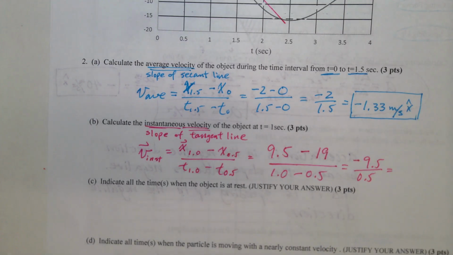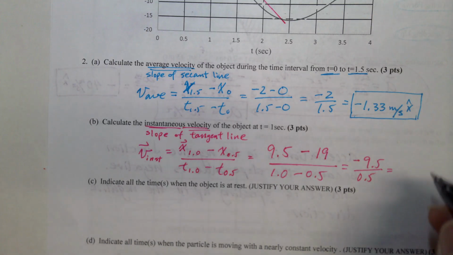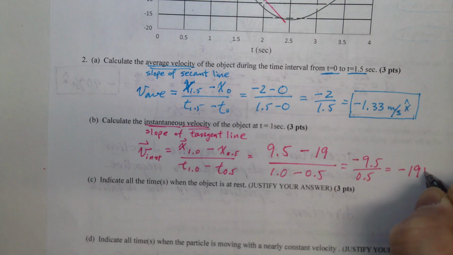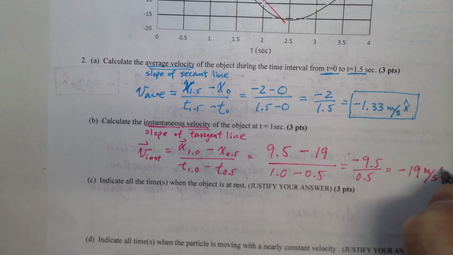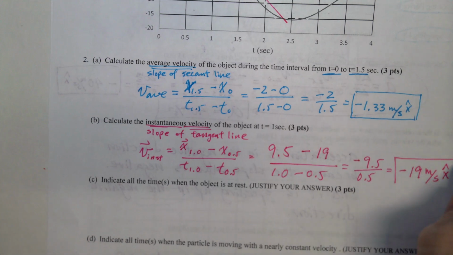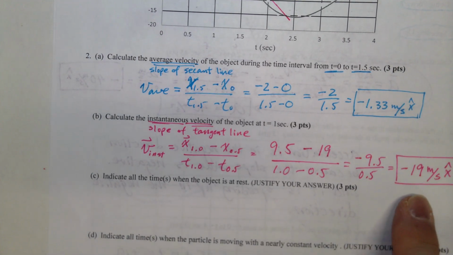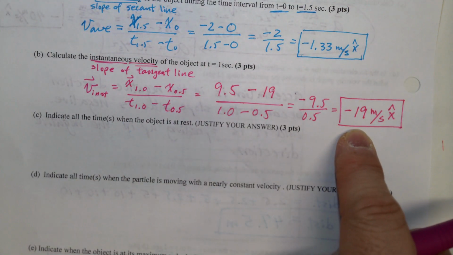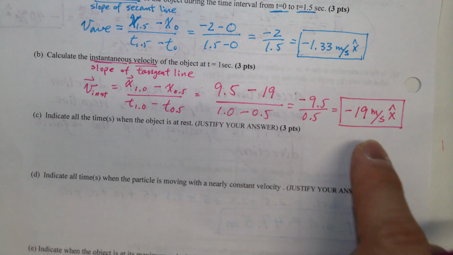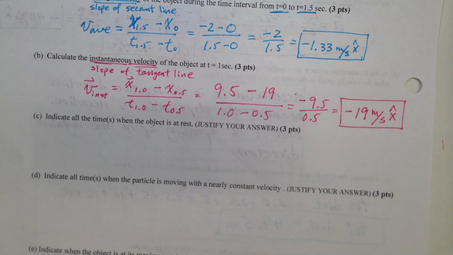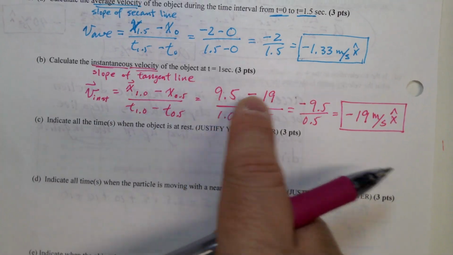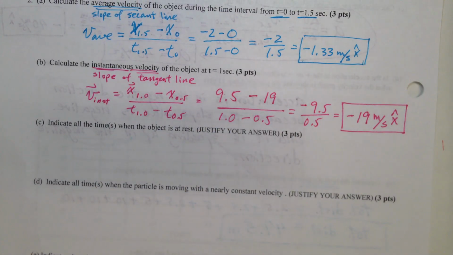And I get negative 19 meters per second x hat. Now, if you came close to this, if you get like negative 20 or 21, negative 21 or negative 18, I'll give you benefit of the doubt as long as you show me your work. Okay? As long as you show me how you got your 2 points here, I'll give you the full credit.